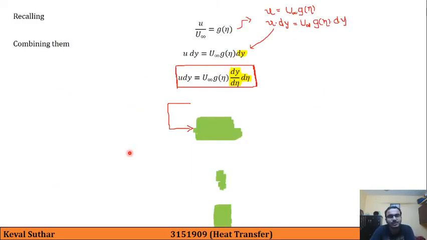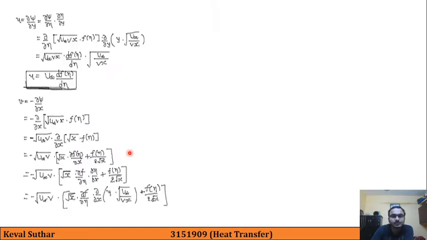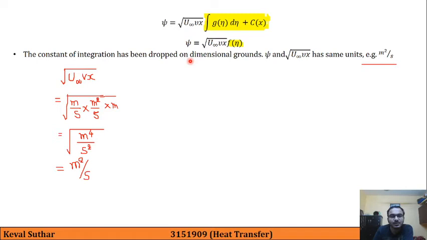With further simplification and mathematical steps we can obtain the value of psi, the stream function, given by this formula: psi is equal to the square root of u infinity nu into x, times a function of eta.